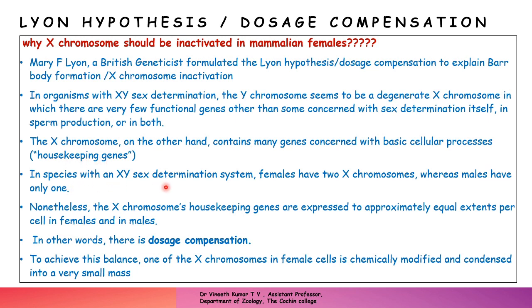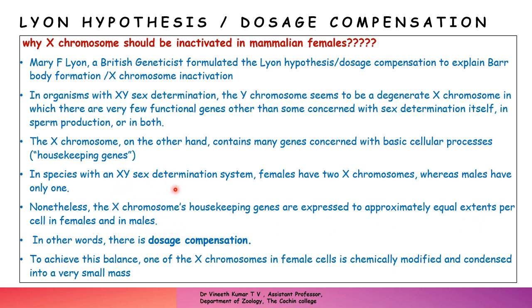In species with XY sex determination, females have two X chromosomes, whereas males have only one. Even though there are two X chromosomes in females, the housekeeping genes of the X chromosome are expressed in equal amounts per cell in females and in males.